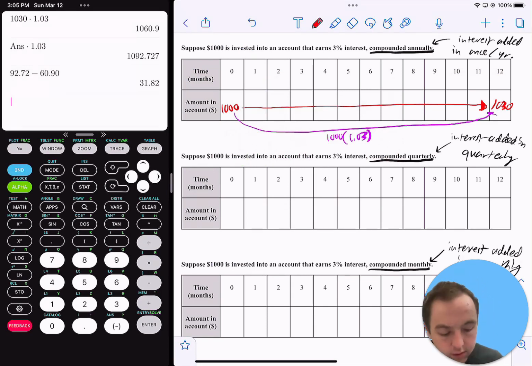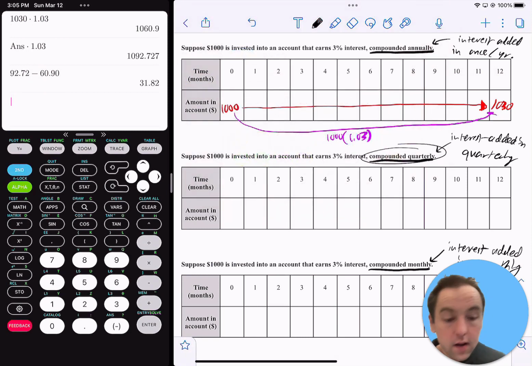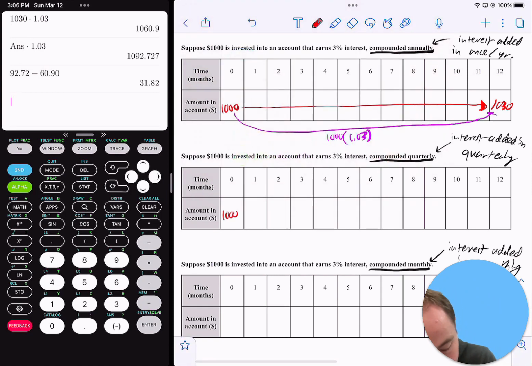All right, so now let's talk about what's going to happen in the second scenario, where the interest is compounded quarterly, so 4 times per year, right? When the interest is compounded quarterly, that means it's going to happen 4 times per year, or every 3 months. We're going to start off with $1,000, and that's going to stay the balance for 3 months.